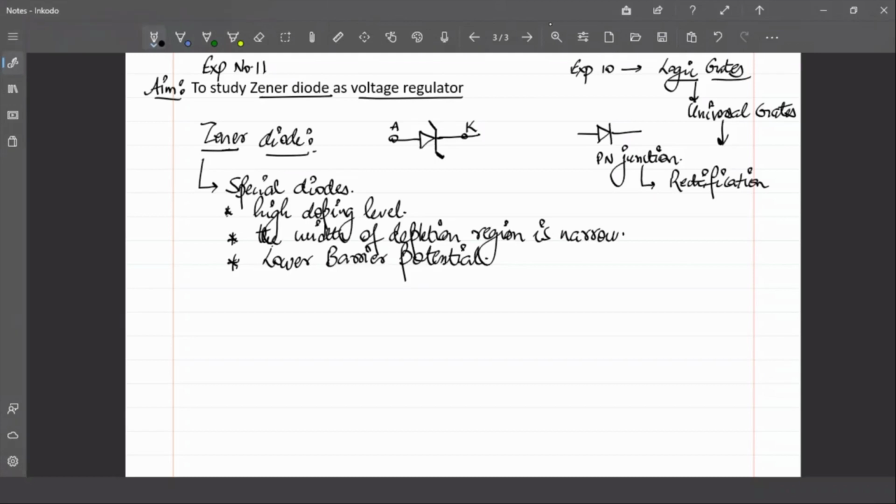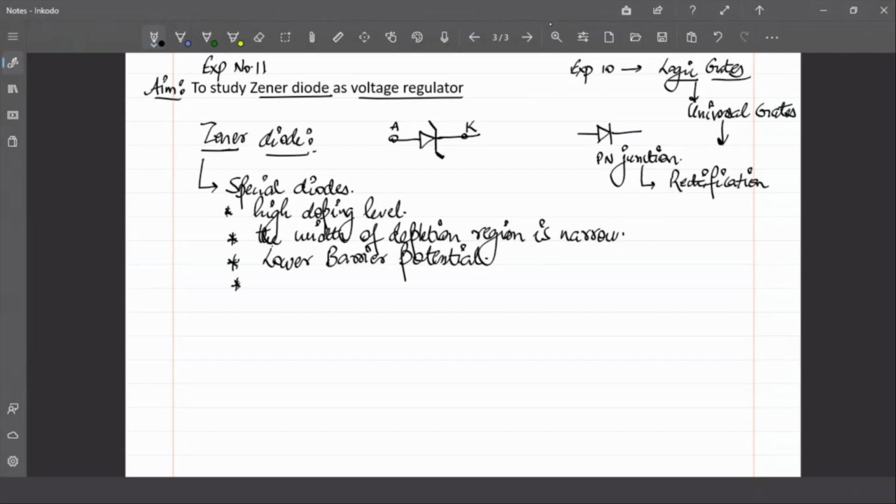Now, because of these specific features differing from that of a normal PN junction diode, what will happen at a thinner depletion region here, or narrower depletion region and lower barrier potential, this device actually conducts in the reverse bias condition.